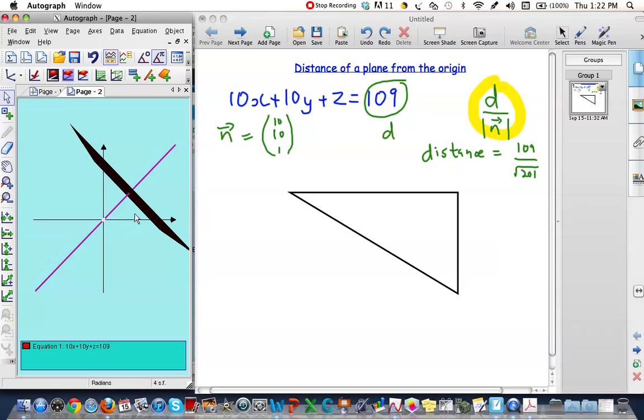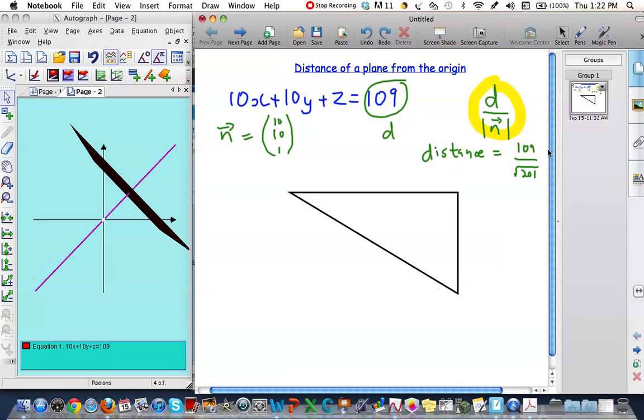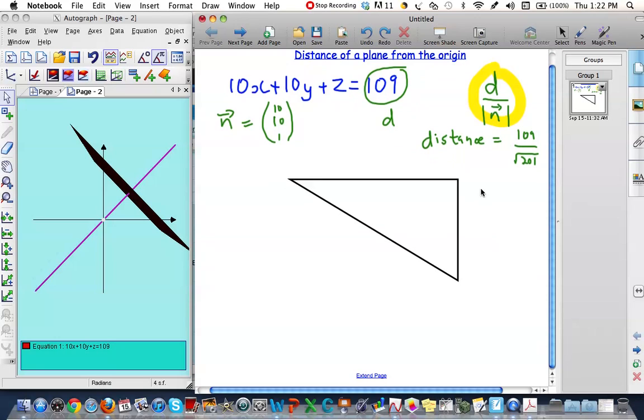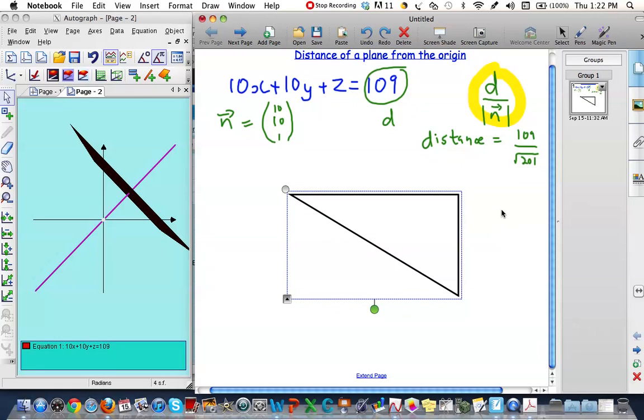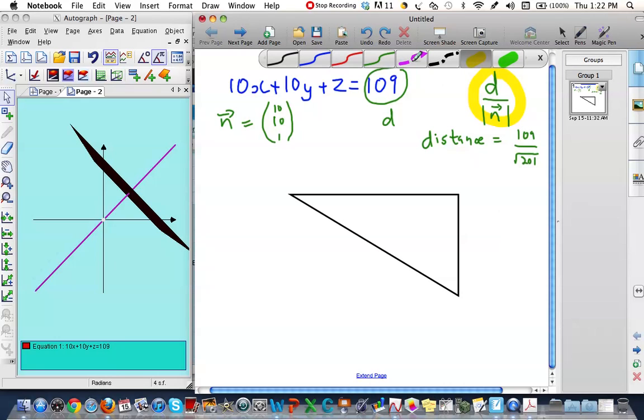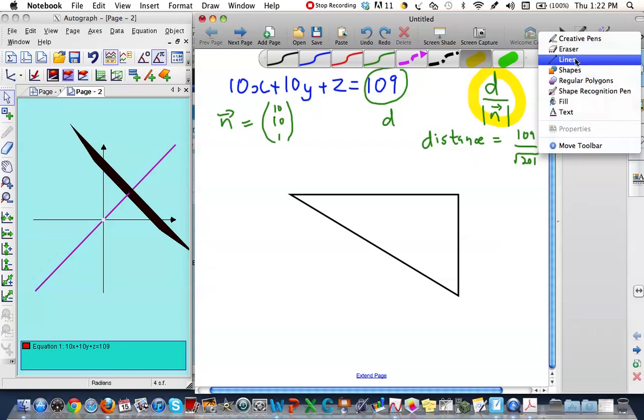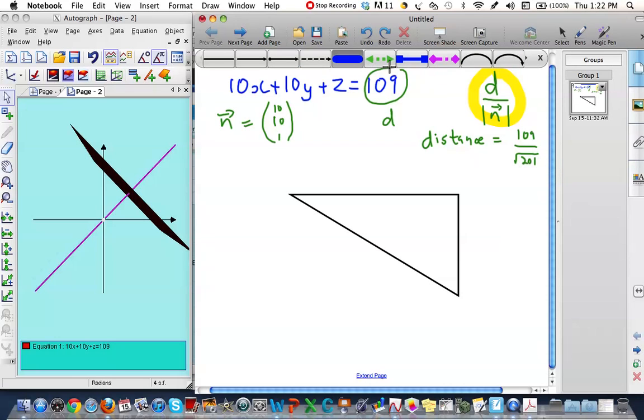And what we're going to do now is go back to the notebook, and I'll be using the triangle to demonstrate why it is that d over magnitude of n yields the distance that we are after. Okay, and so to begin with, what we're going to do is just modify briefly our diagram.